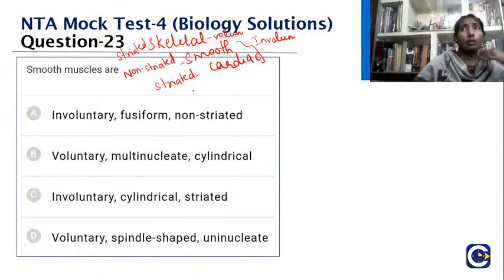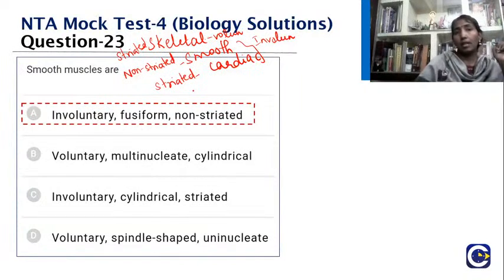That is another important difference that you need to know. What do you mean by involuntary? They are not under our control. You can't say to the stomach, come on, do this action. You can command your fingers and your legs, but you cannot command any of your internal organs, because they are lined by smooth muscle. So the appropriate answer is involuntary, non-striated, and fusiform in shape.